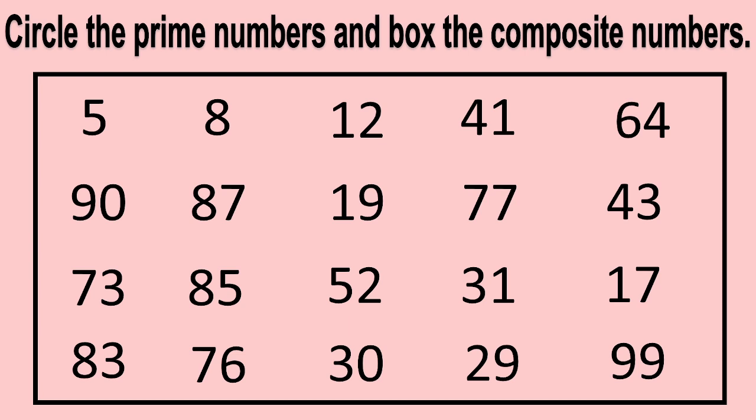Next, let's answer this. Circle the prime numbers and box the composite numbers. First, we have 5. 5 is a prime number.